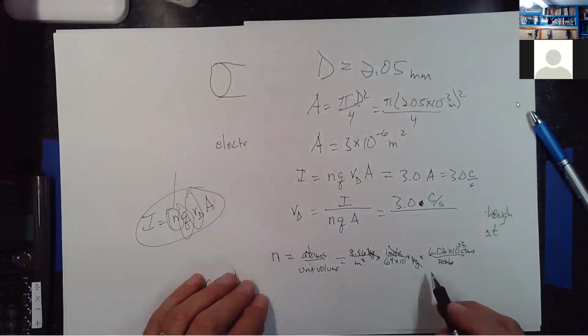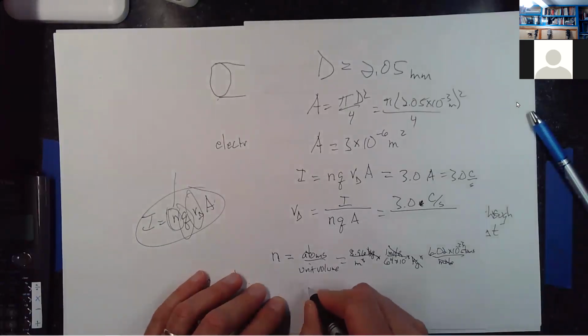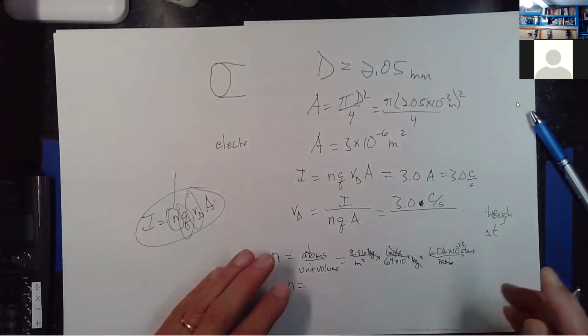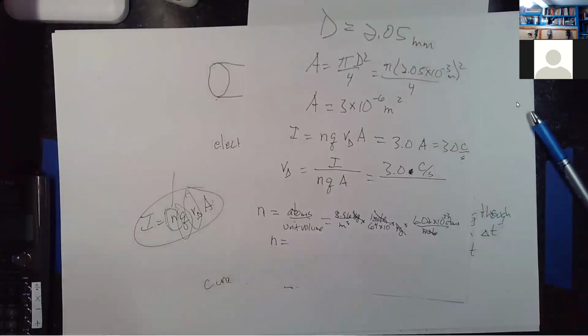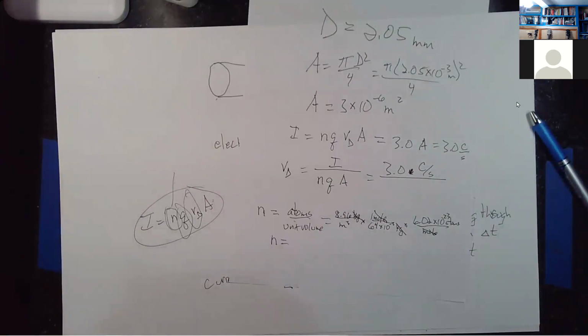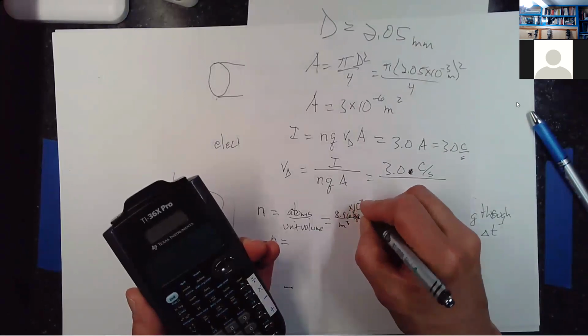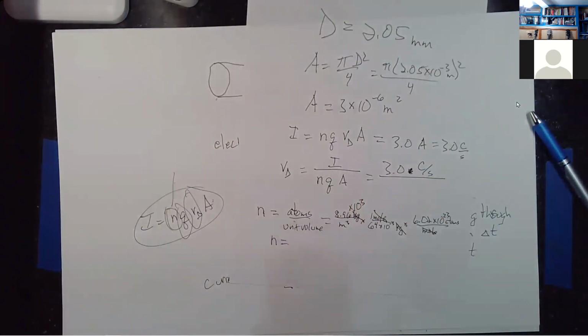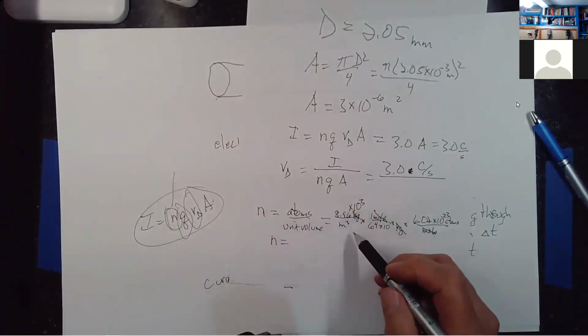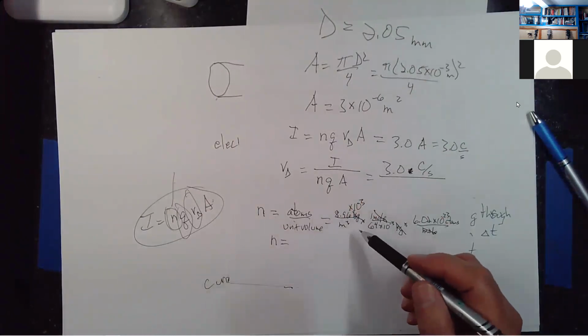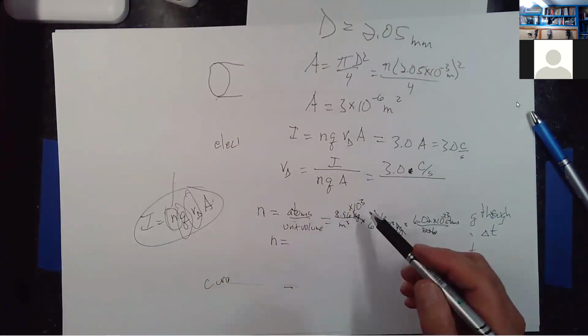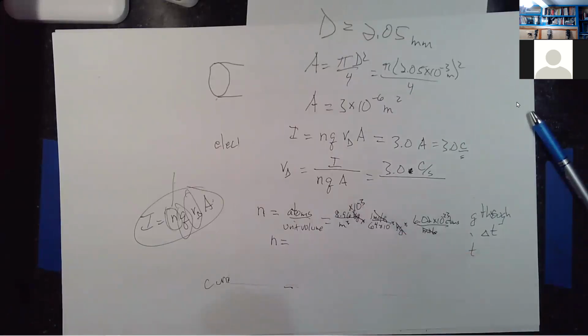It'll be a fairly large number here, equal to 8.96 times 10 to the 3rd. It was grams per cubic centimeter, but when you convert that to kilograms per cubic meter, you pick up a 10 to the 3rd.